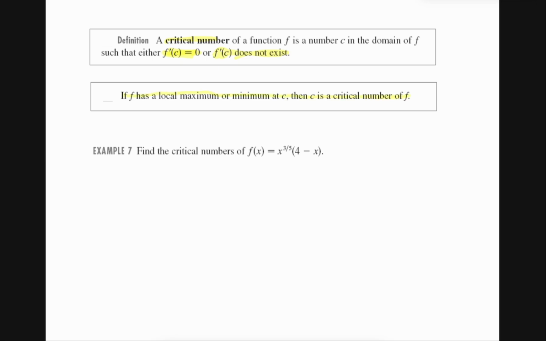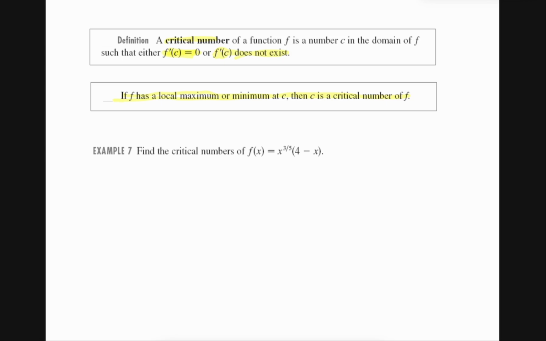That's why this sentence here is so important. If a function has a local min or max at C, then C had to be a critical number. So if we can find the critical numbers, then we can find the possibilities of where our local mins or max could occur. Okay, so let's look at this next function.